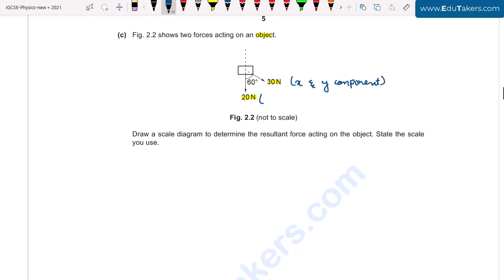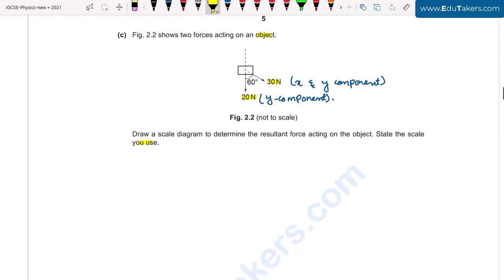Draw a scale diagram to determine the resultant force acting on the object. State the scale you use.